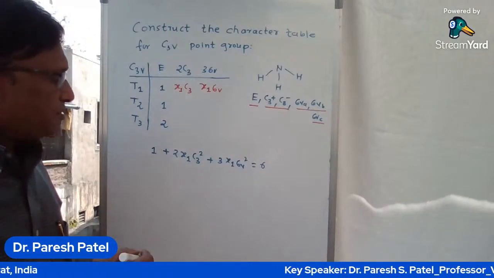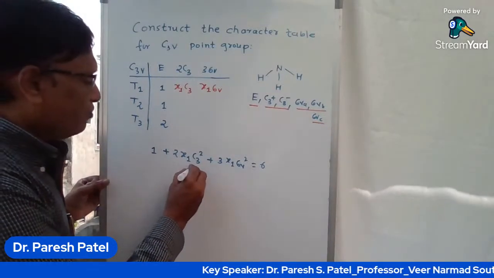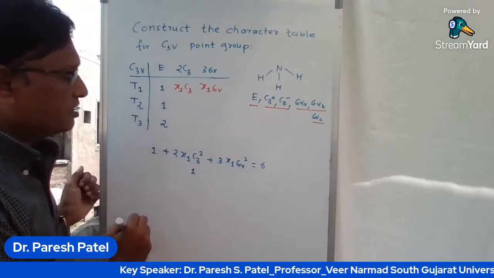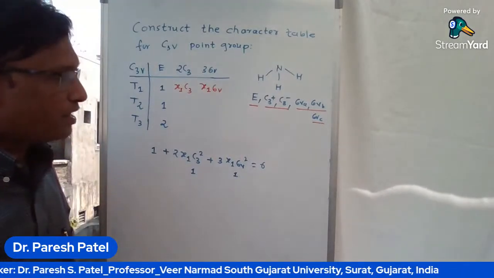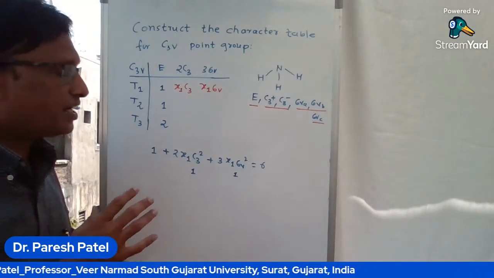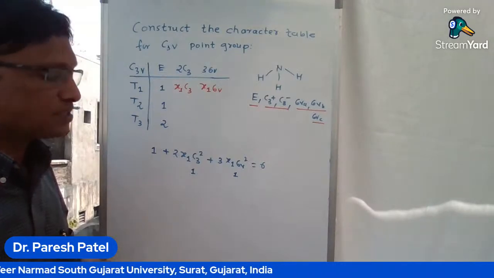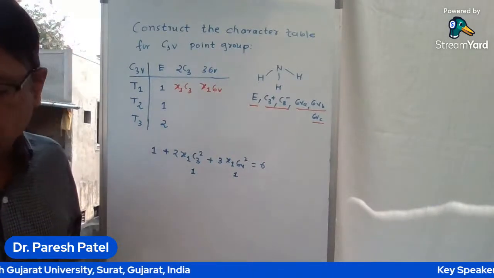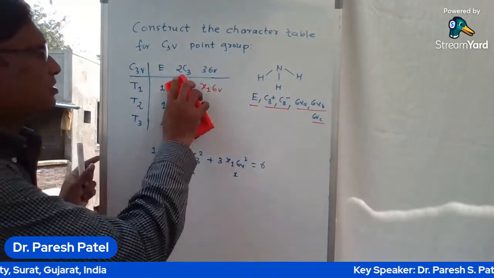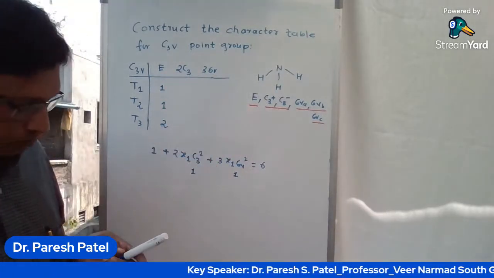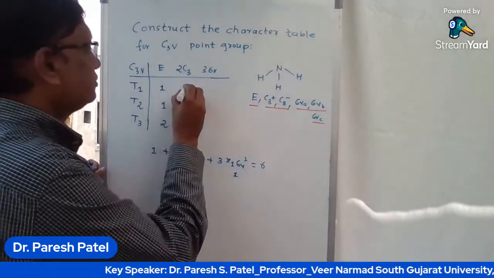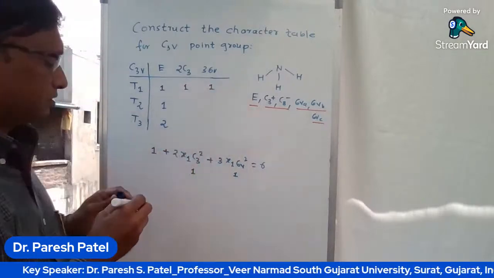Now this equation can be satisfied if the values for character 1 C3 and character 1 sigma V are 1 and 1. To maintain uniformity of any character table, the first irreducible representation should be with respect to plus 1. So 1 and 1.